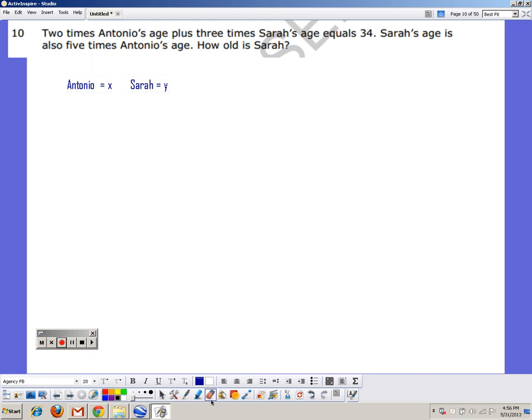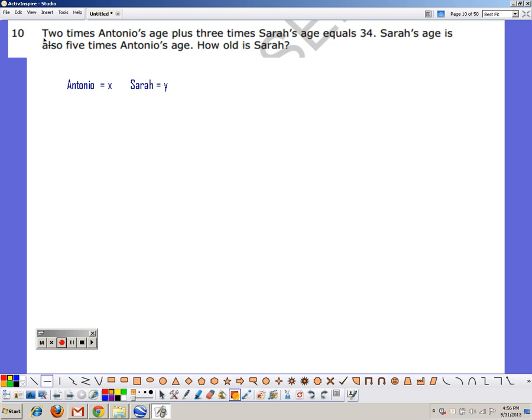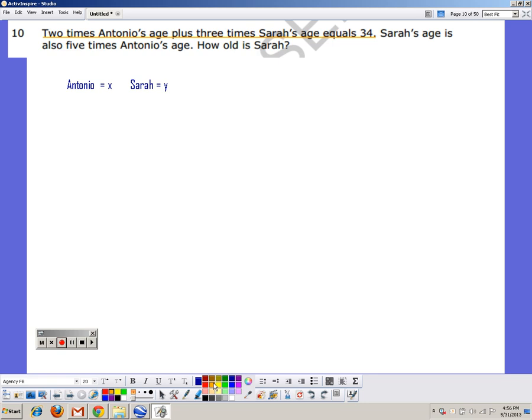They tell you in this first sentence that 2 times Antonio's age plus 3 times Sarah's age is equal to 34. So I'm going to type that up in the same color I underlined it. So 2 times x plus 3 times y equals 34.